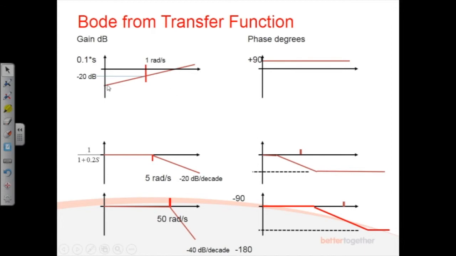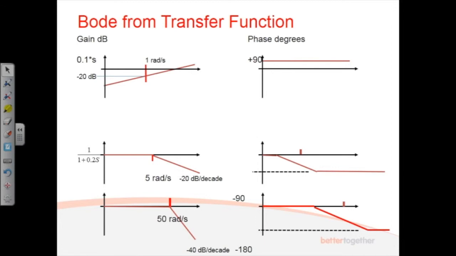So I've now got this line with a plus 20 gradient, and I need to add my first order lag to it. Up until the corner frequency nothing happens because that lag term is 0. Once I get to 5 radians per second, I'm contributing a downslope of minus 20 decibels per decade.